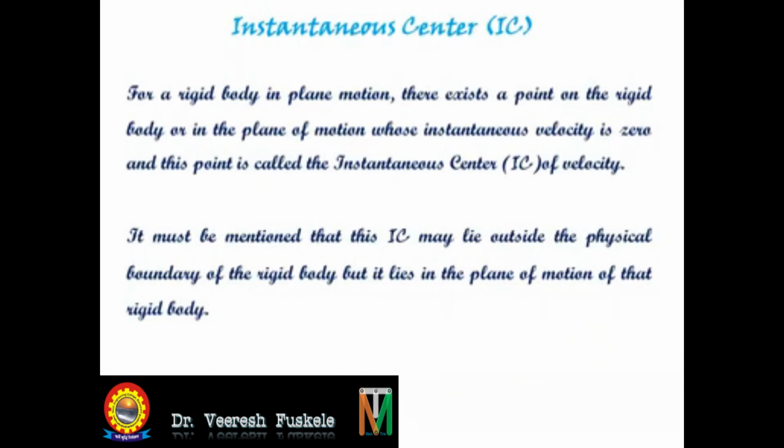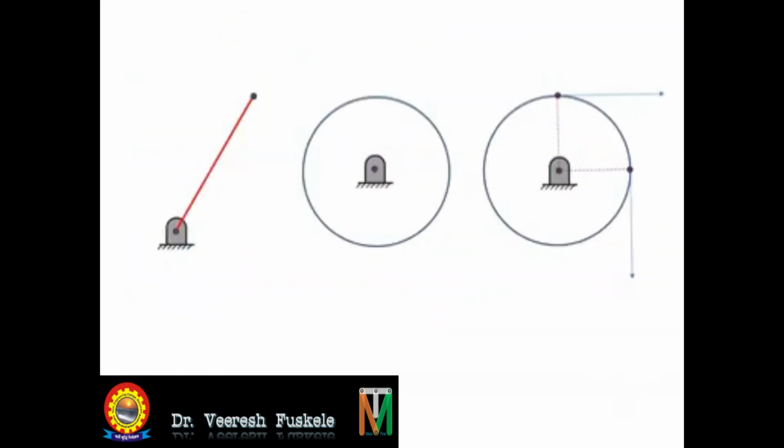Also we can say that instantaneous center is the point about which the body is rotating. We can see some examples. Suppose there is a link and that link is rotating about this fixed point.